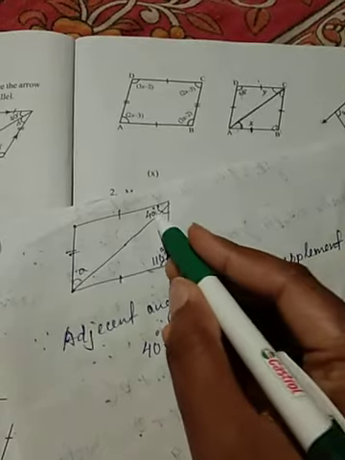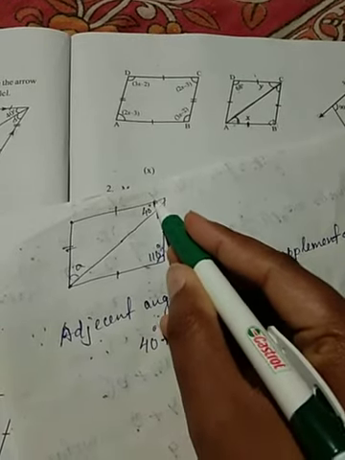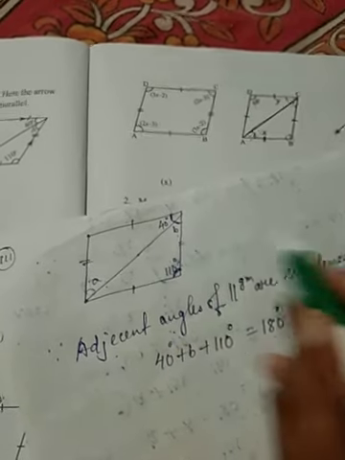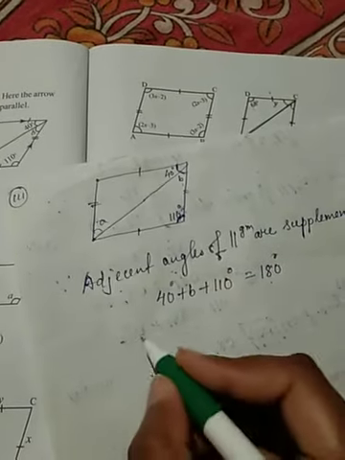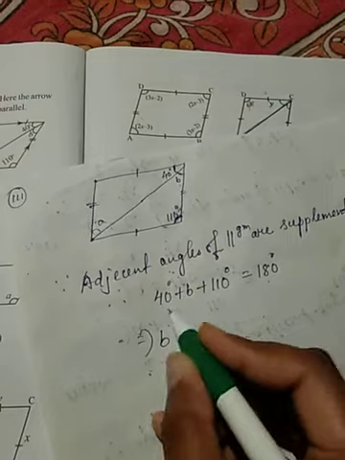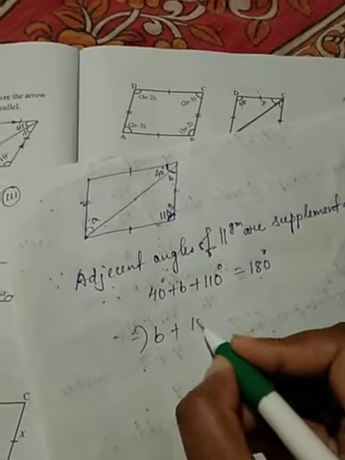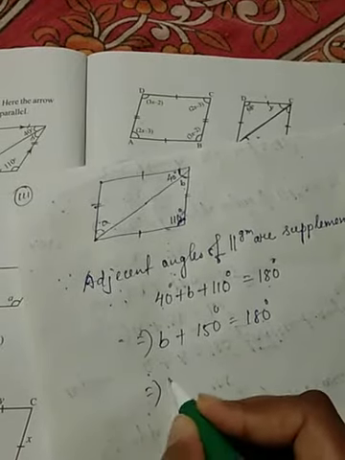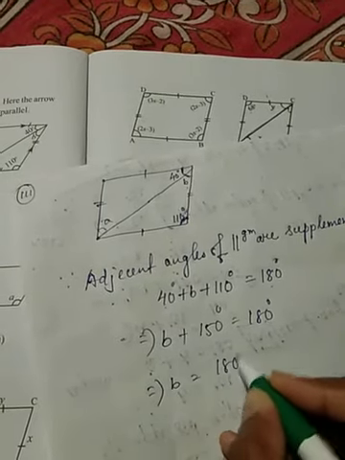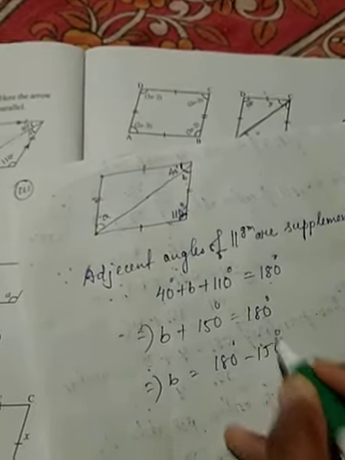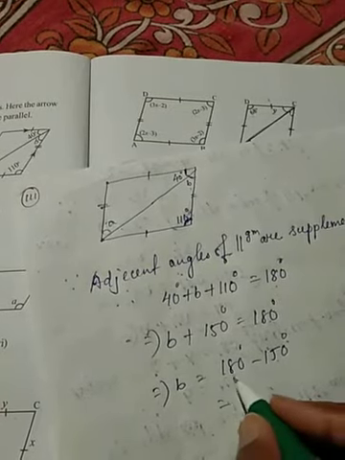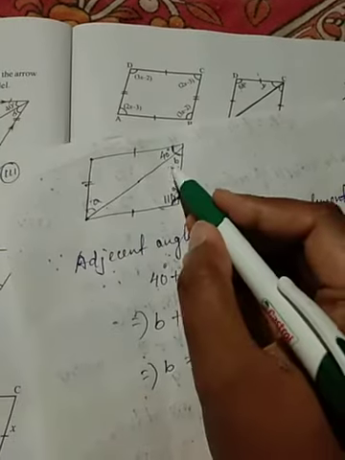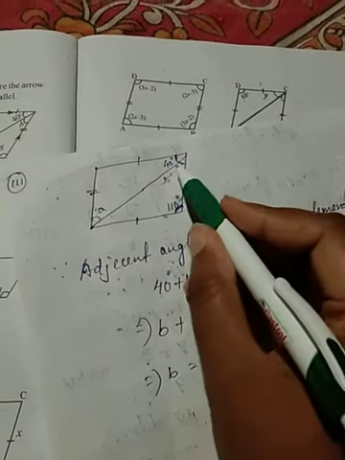That means this whole angle plus this angle equals 180 degrees. So B plus 40 plus 110 is 150, equals 180, and B equals what? 180 degrees minus 150 degrees. That means 180 minus 150 is 30. Here we find the B. B means 30 degrees.